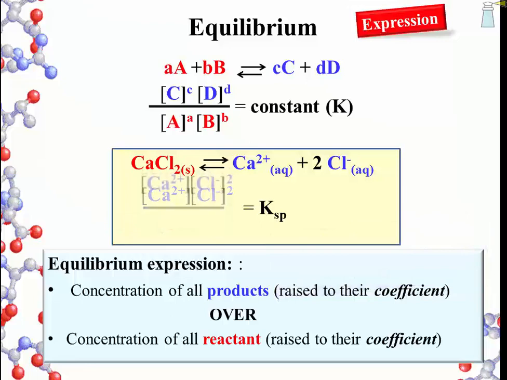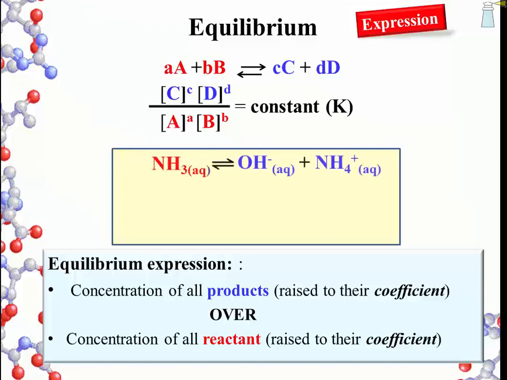This solubility equilibrium expression simplifies to just the concentration of the ions. Is including the calcium chloride wrong? No, it isn't. The math is the same. Still, this version is easier to follow and easier to use in further calculations.